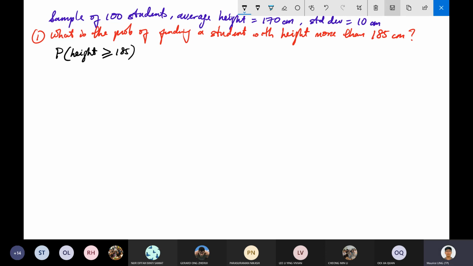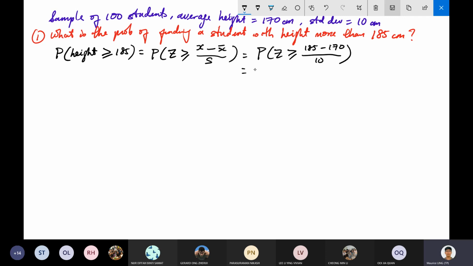So the first step is you convert the height into a z-score. So you have z more than something. Remember, the equation is your x value minus the mean divided by the standard deviation, which here will be 185 minus 170 divided by 10.